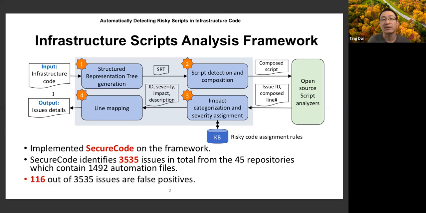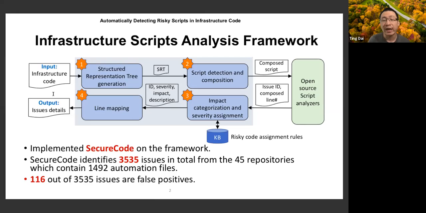Our knowledge base is generated by empirically studying all the rules from open source script analyzers. Our framework then maps those issues to the corresponding infrastructure source code lines before returning them back to the user.